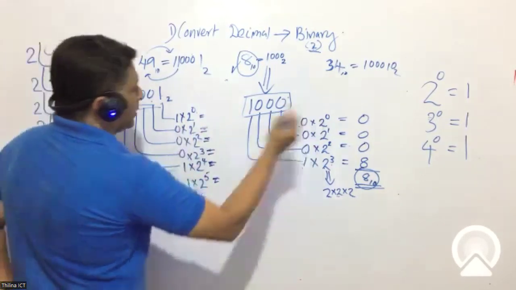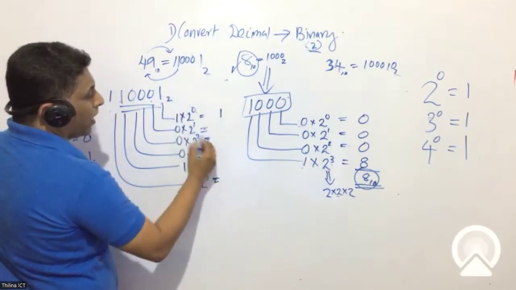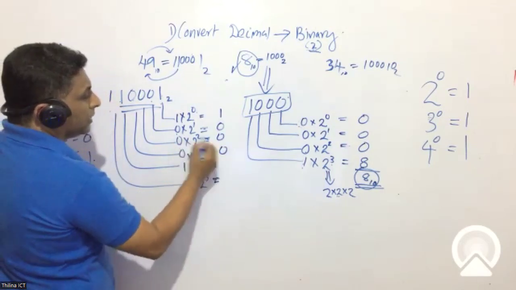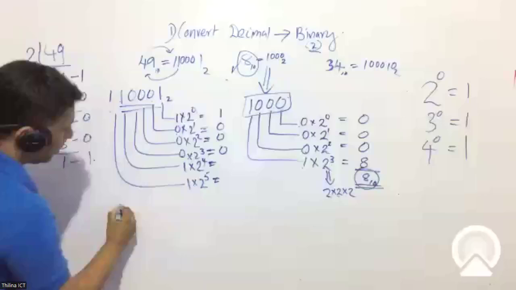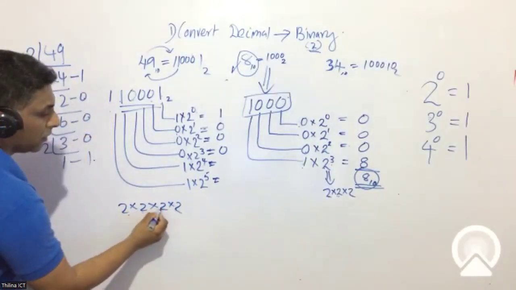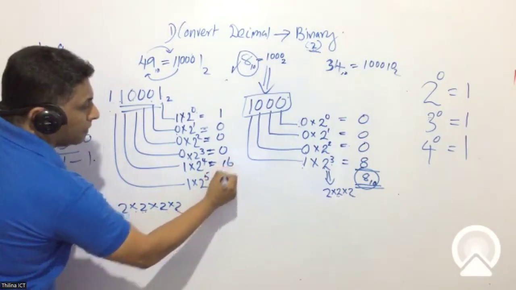2 to the power 0, any number to the power 0, that's 1. So that's 1 into 1, 1. 0 into anything comes 0. Here 0, 0, and here 0. Here, what's the value? 2 into 2 into 2 into 2. 2 into 2, 4, 4 into 2, 8, 8 into 2, 16.